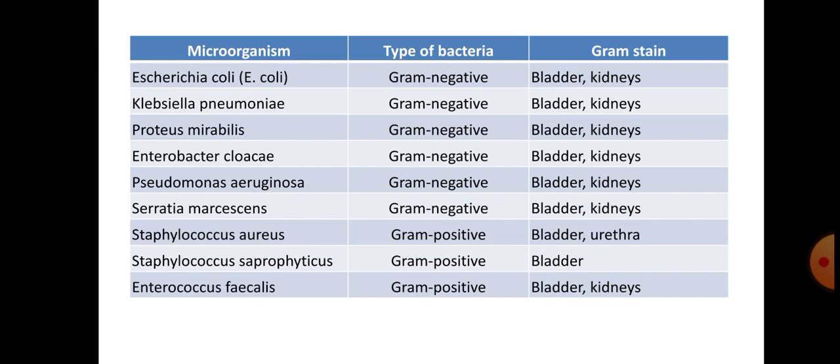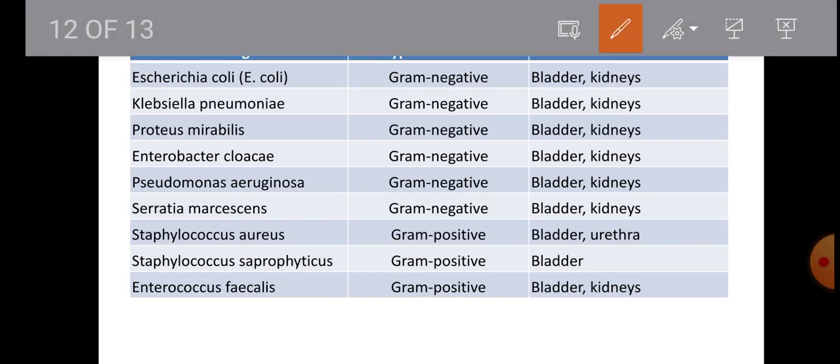So this table will help you to recall the organisms and their nature, right? And Escherichia coli infects the kidney and bladder, right? Klebsiella pneumoniae also infects the kidney and bladder. Check the differences, right? Here I have given an example. Staphylococcus aureus is found to infect the bladder and urethra, right?